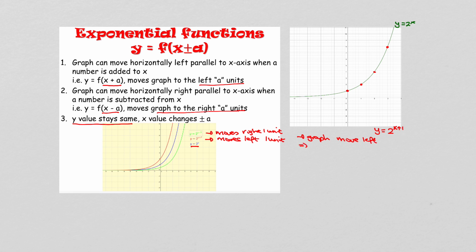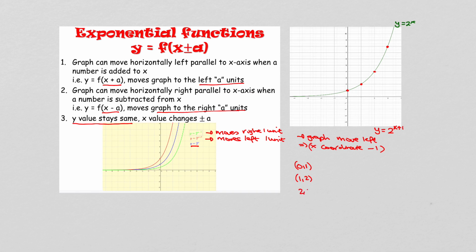So therefore the x-coordinate is going to change by 1 unit. If it's moving left, then it's going to be the x-coordinate minus 1. So we write down each of our points from the original graph, taking the same points as last time: 0, 1, 1, 2, 2, 4, and 3, 8.